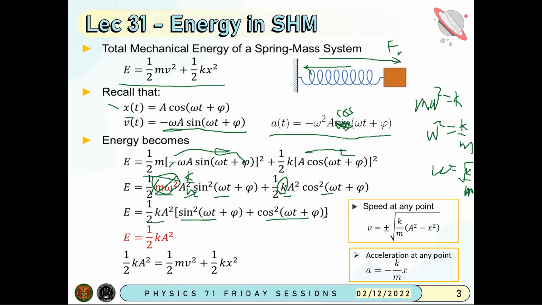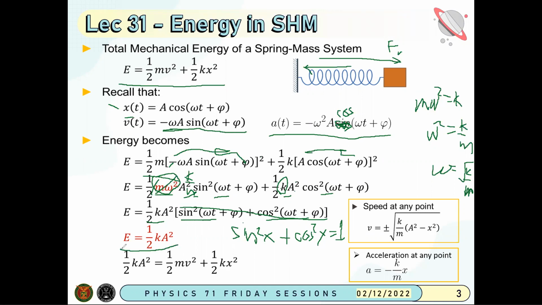But remember, any expression of the form sine squared x plus cosine squared x, lagi yang 1, right? So this whole expression is just 1. So may iwan na lang ay 1/2 k A squared.